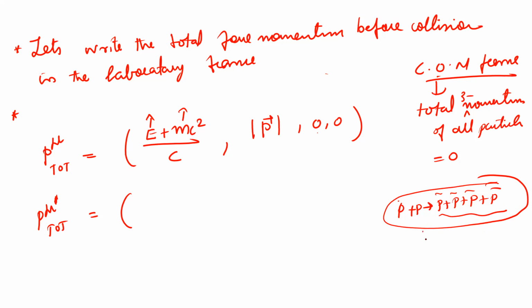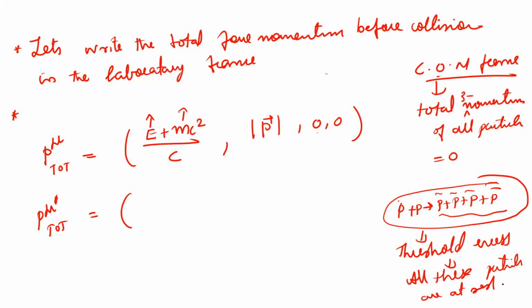So in order to find the threshold energy, all these particles are at rest. That means the total energy becomes simply 4mc², mc² for each of the four particles.